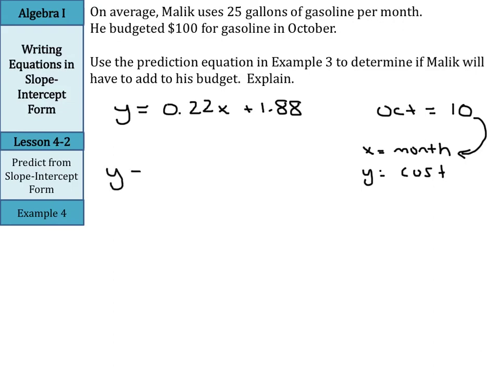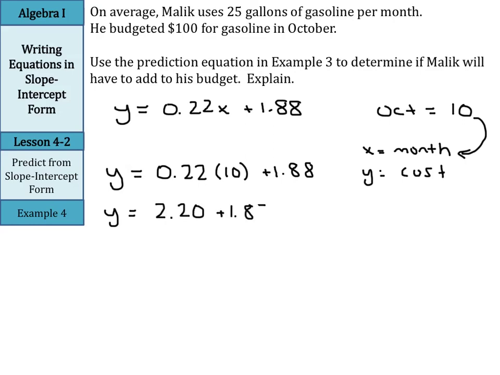So my total cost y is going to equal 0.22 times the 10, representing the month of October, plus $1.88. Well, 22 hundredths times 10 is $2.20 plus the $1.88, and that's going to equal $4.08. Now, that's the cost per gallon.